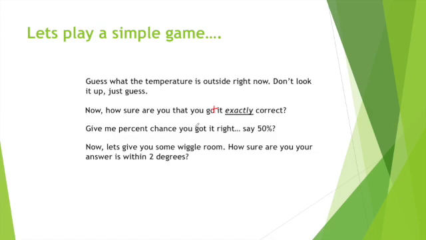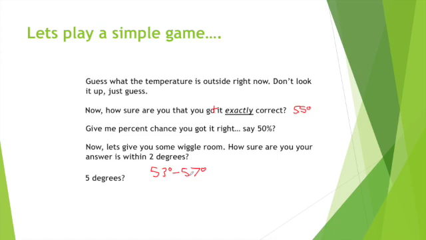Now let's give you some wiggle room. Now let's say your answer's within 2 degrees. So I guessed it was 55 degrees. Now I could say, okay, it's between 53 degrees, because I have 2 degrees less, and 57 degrees. I feel more confident about that. I actually think it's a lot warmer than 55 at this moment.